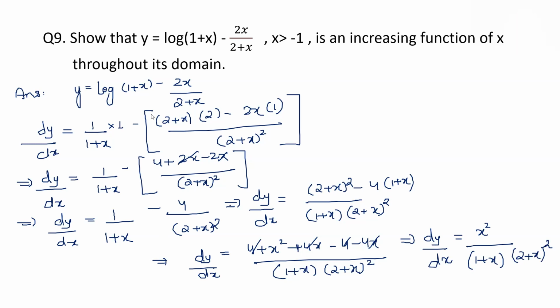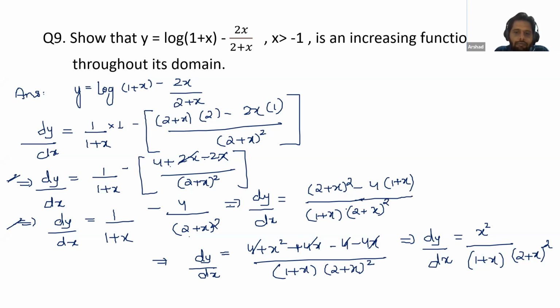Sir, in the third step you did the reciprocal, right? No, I have not done the reciprocal. Here I have just cancelled out this 2x, 2x. You get 4 by 2x plus 1 in the last part of the third step.